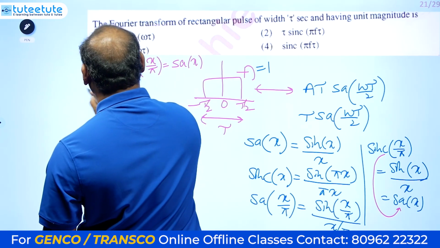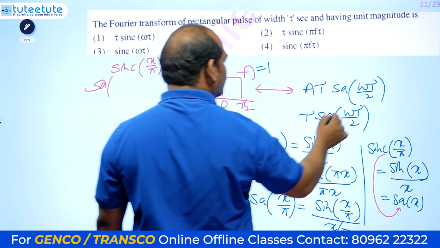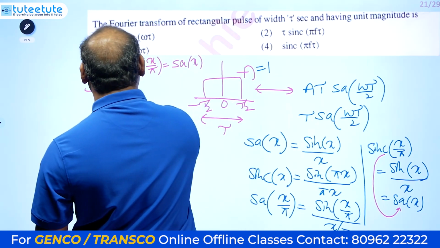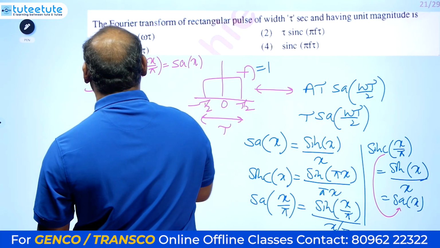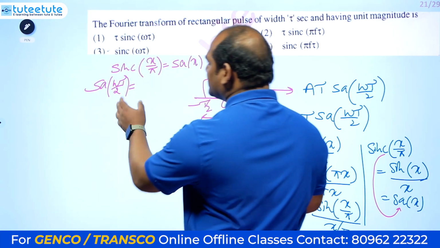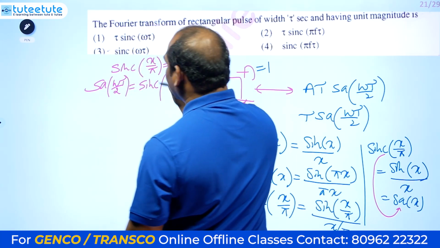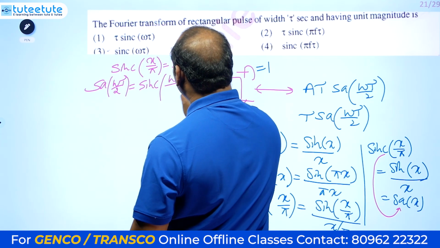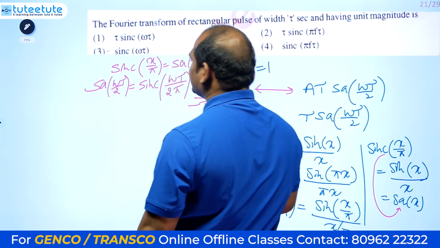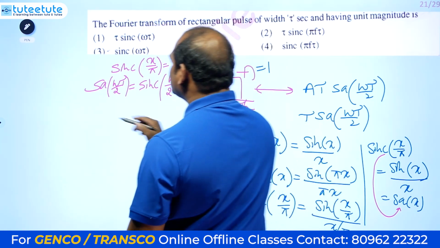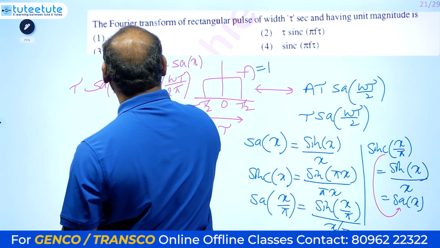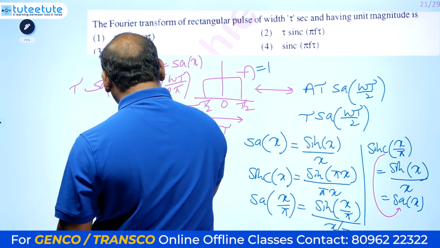Now we have sampling of omega tau by 2, and we have to write this in terms of sinc. That means we take sinc with division by pi, so omega tau by 2 pi. The amplitude tau is there, so we keep tau.